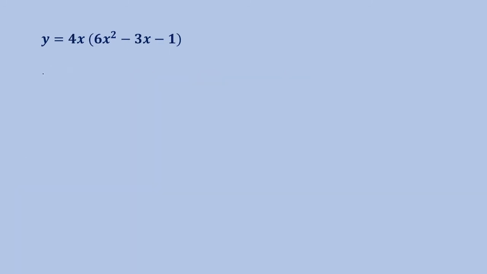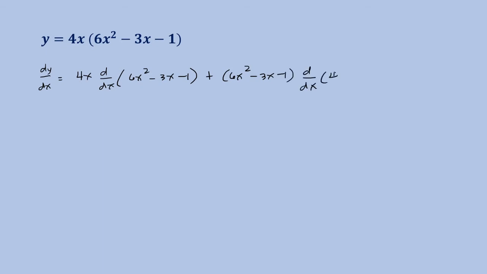For this example, the derivative would be 4x times the derivative of 6x squared minus 3x minus 1 plus 6x squared minus 3x minus 1 times the derivative of 4x.